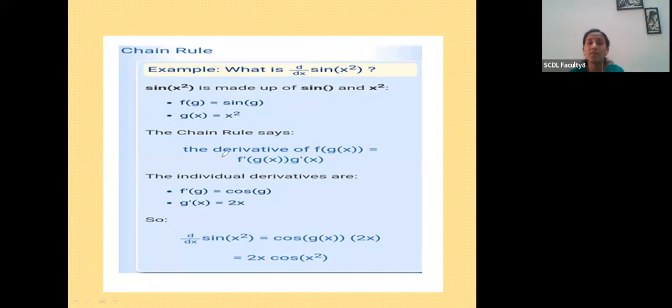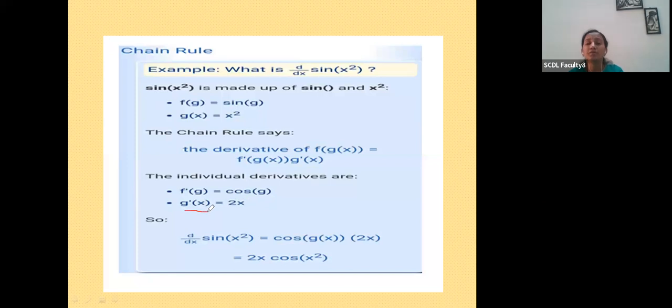First of all, make the derivative of each term, like f dash of g. f is sine, and the derivative of sine g is cos g, as per our trigonometry derivative formulas.